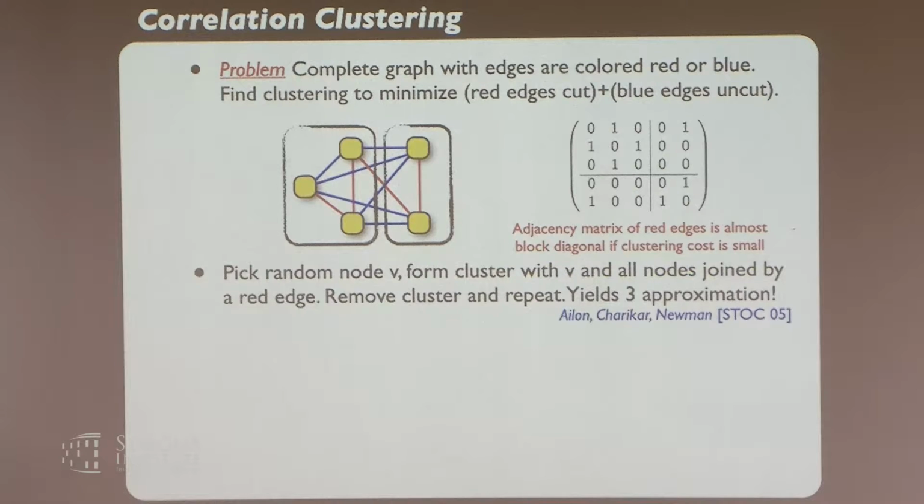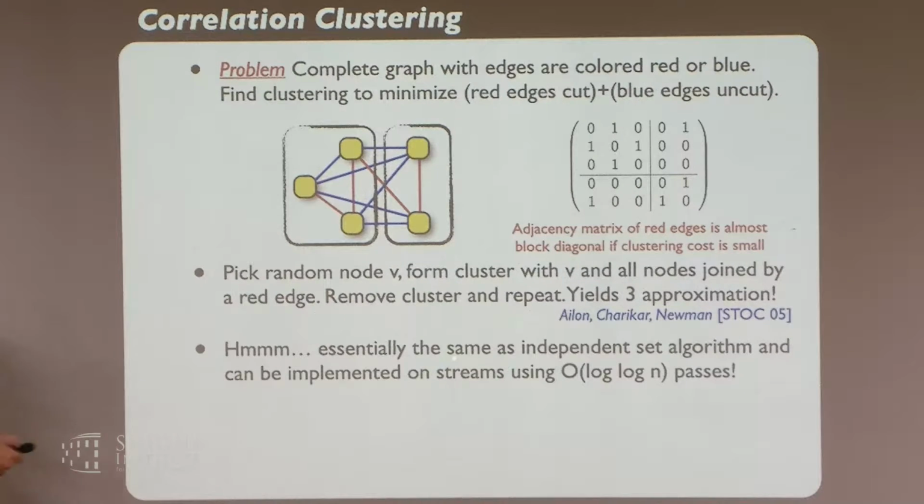So if the graph was a perfect set of red cliques, you pick a node in one of those cliques, and when you find all the neighbors joined by a red edge, that's going to be one of the cliques in the input. Okay. So remove the cluster and repeat, and this yields a 3 approximation.